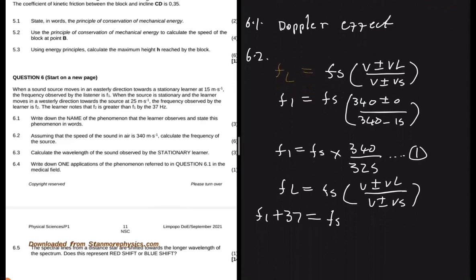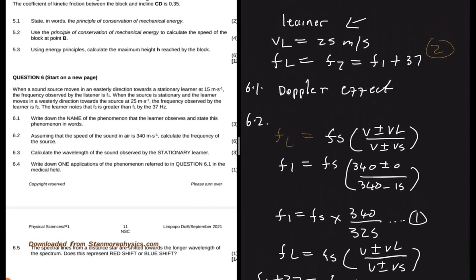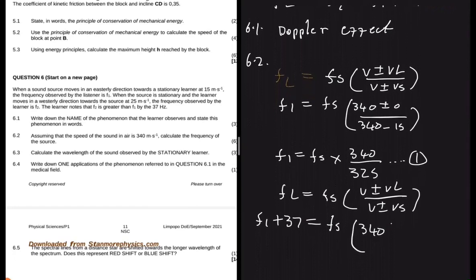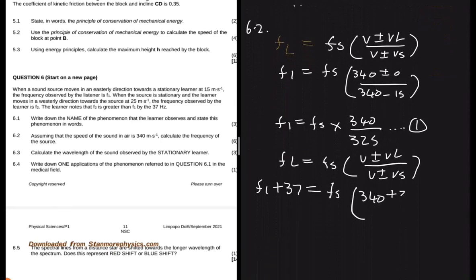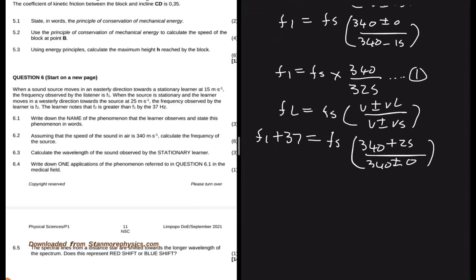And then we know fully well that our v is 340 plus or minus the velocity of the listener. So what is the velocity of the listener? It is said to be 25 meters per second. So we're going to have plus 25 meters per second divided by 340 minus or plus 0, because the sound source is now stationary. So this will be F1 plus 37 equals Fs multiplied by 365 divided by 340, right?